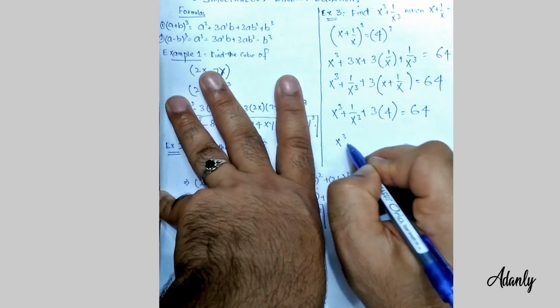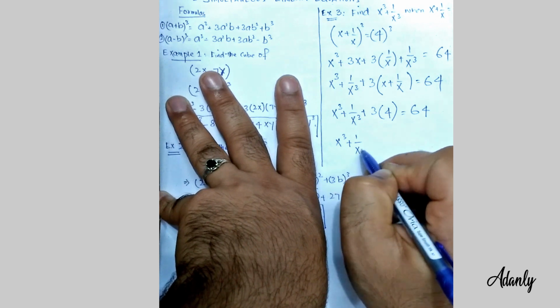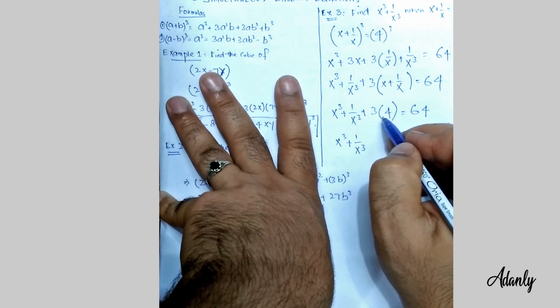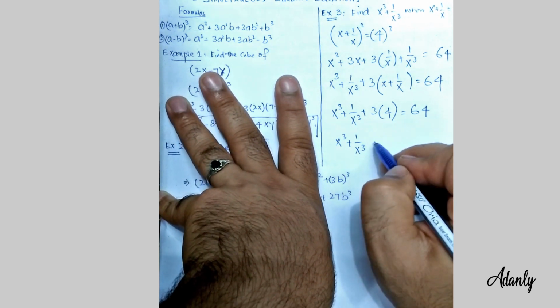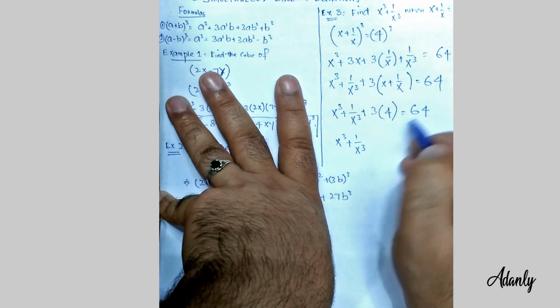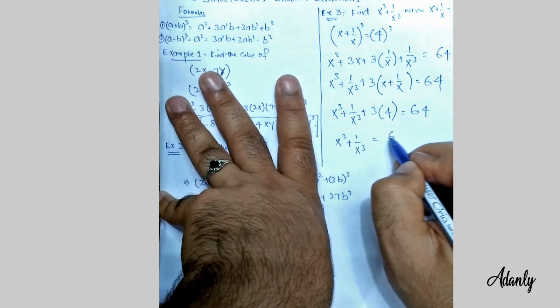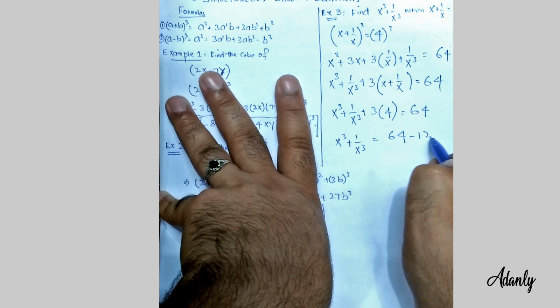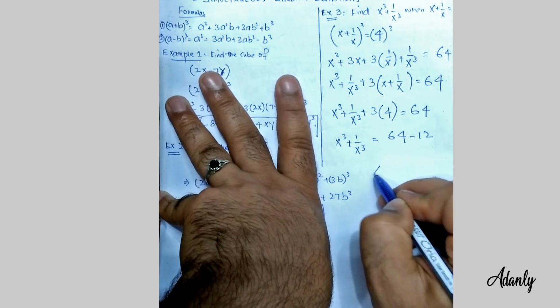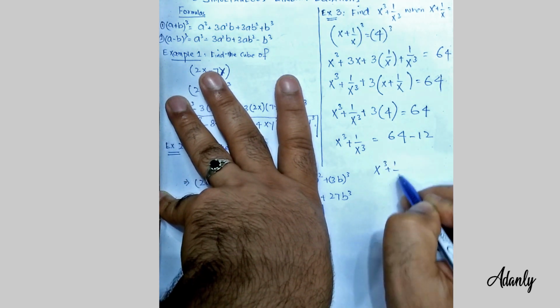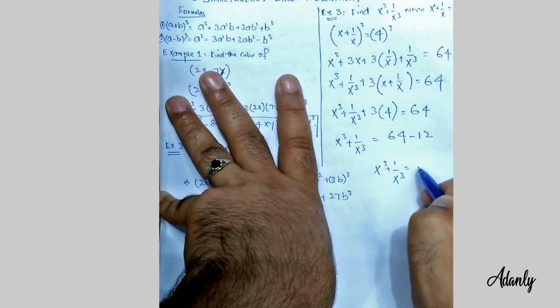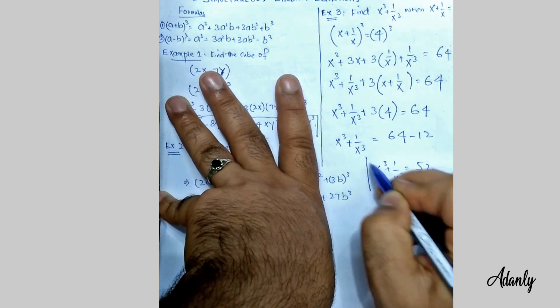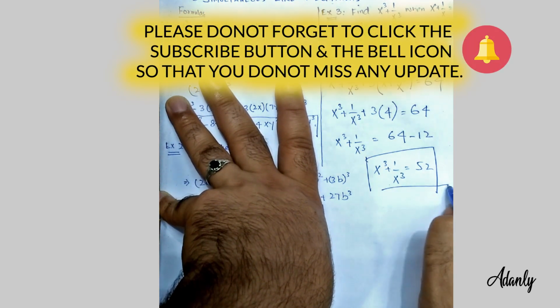Now x cube plus 1 over x cube, and here we will get 12, so we will shift 12 to the right side of the equality, so it will become 64 minus 12, and now x cube plus 1 over x cube equals 52 is the required answer of the given expression.